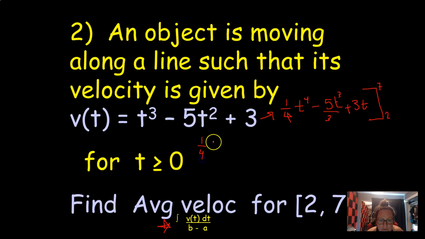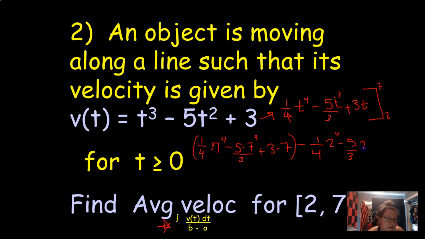So 1/4 times 7 to the 4th minus 5 times 7 cubed over 3 plus 3 times 7, all of that minus 1/4 times 2 to the 4th minus 5/3 times 2 cubed plus 3 times 2, all over 7 minus 2.